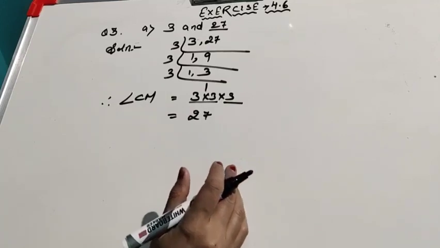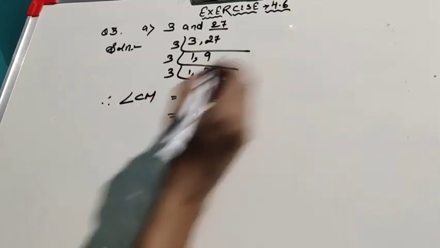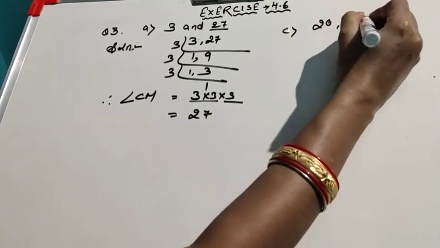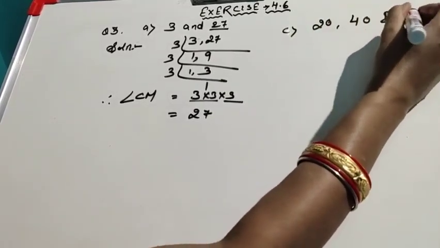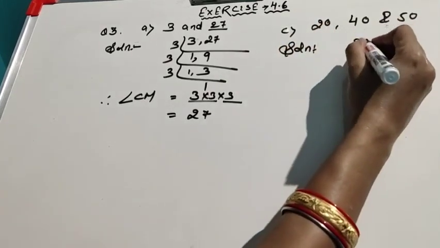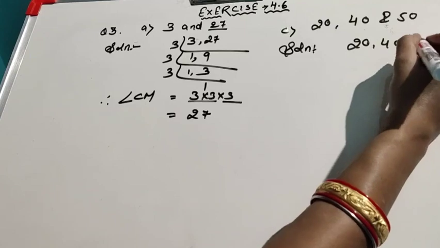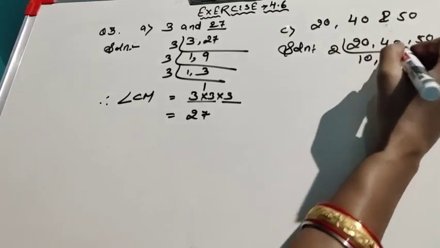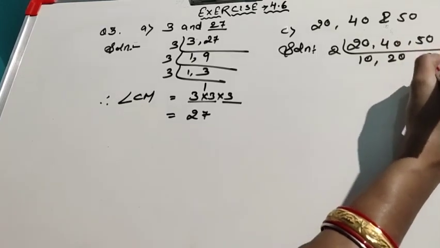One more question I have to solve, question number C, which is given here: 20, 40 and 50. So 2 table 10 times, 2 table 20 times, 2 table 25 times.